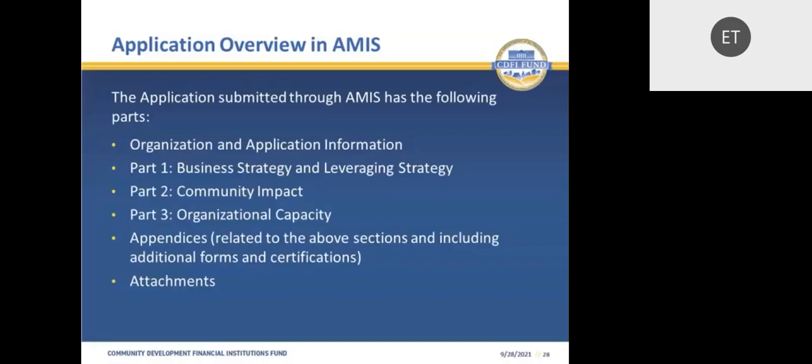And part 3, you will tell us about your organizational capacity. There's a series of appendices, and they're related to the narrative sections above, as well as some additional forms and certifications that you will need to complete. And there are several attachments that are required as part of the application, for example, audited financial statements. All of this must be completed in order to be considered a complete application. Next slide.